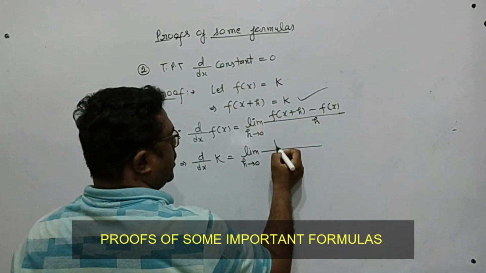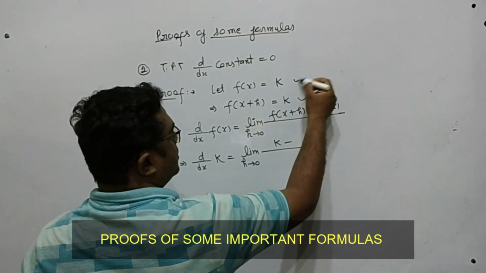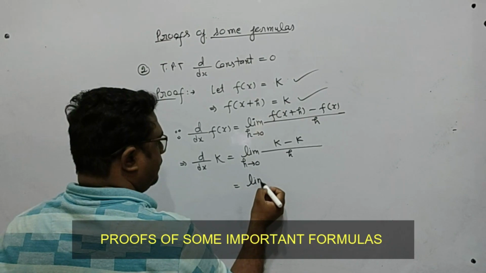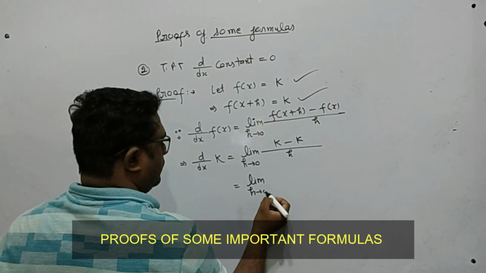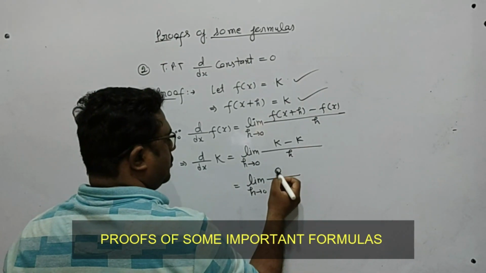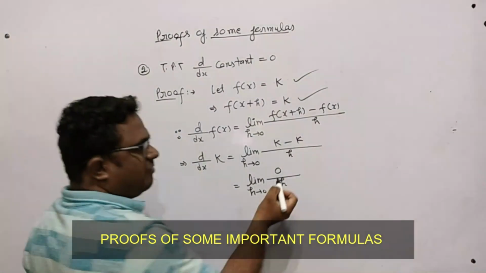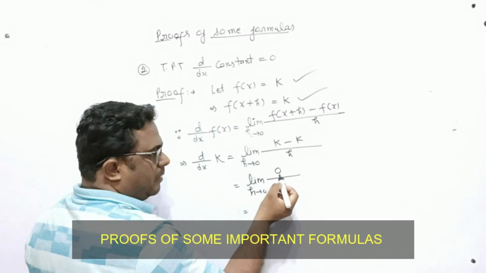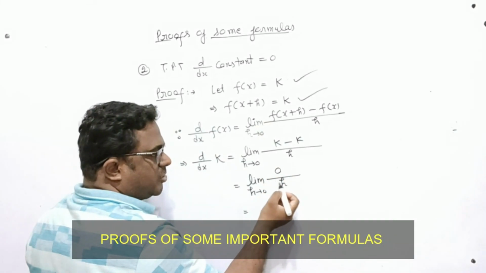You can see here k. What is the value of f(x)? k, upon h, is equal to limit h tending to 0 and k minus k is 0, so 0 upon h. When we divide 0 by some non-zero number, it is pure 0.